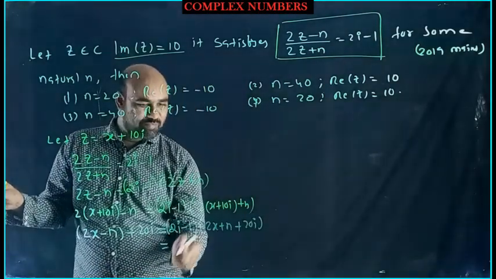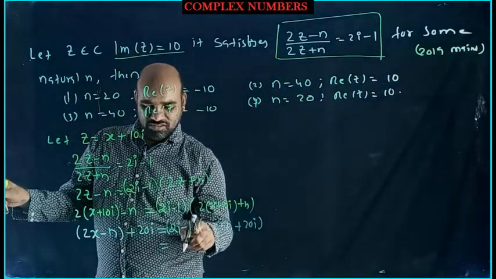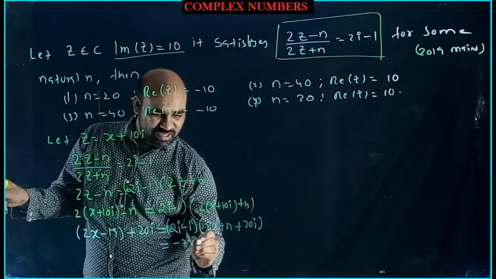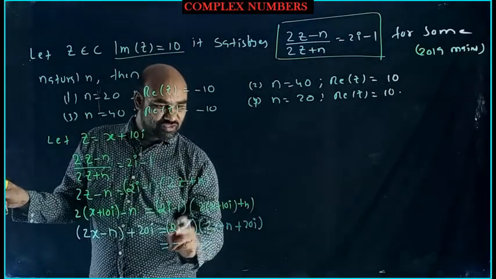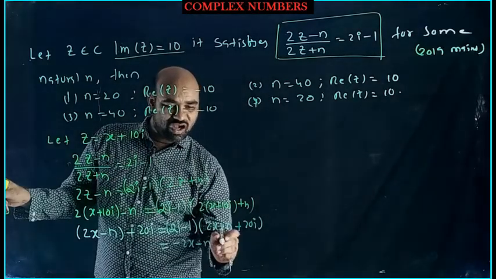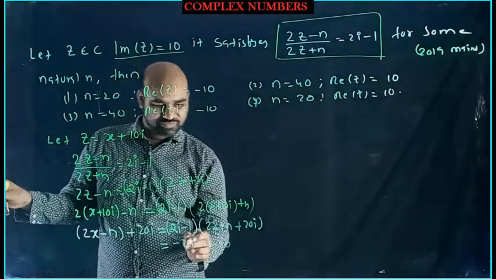Now multiplying, first of all I want the real part. That's why minus 1 with this gives minus 2x minus n, and this with this gives plus 40 iota square, which means minus 40. This is the real part.